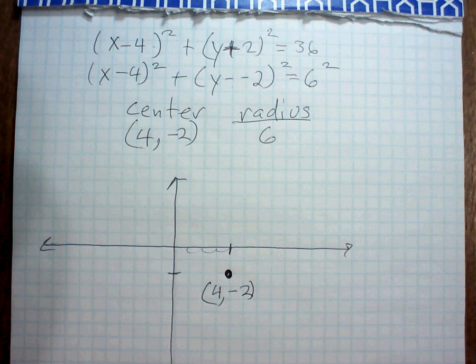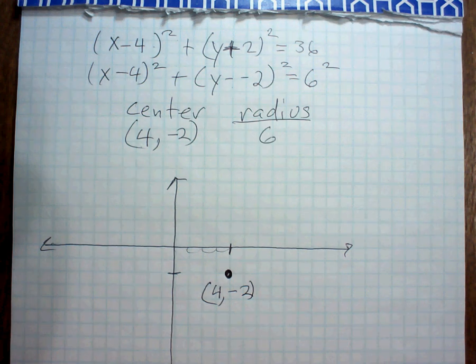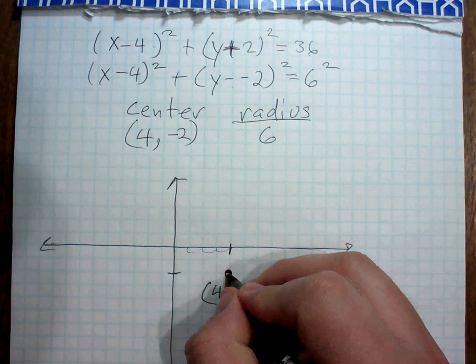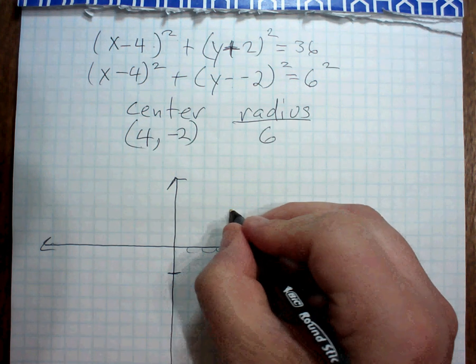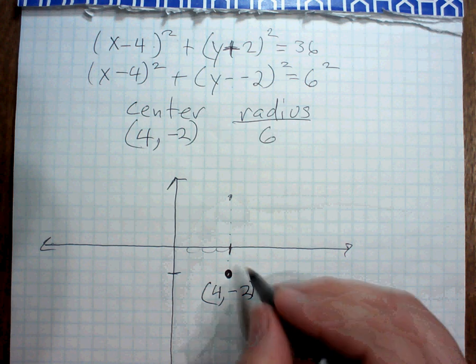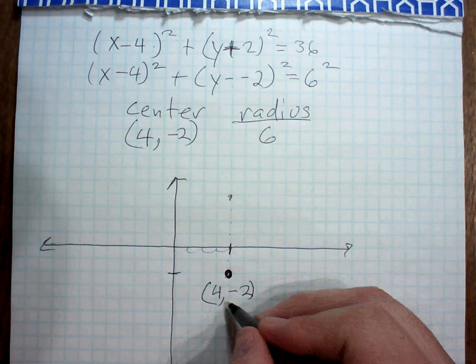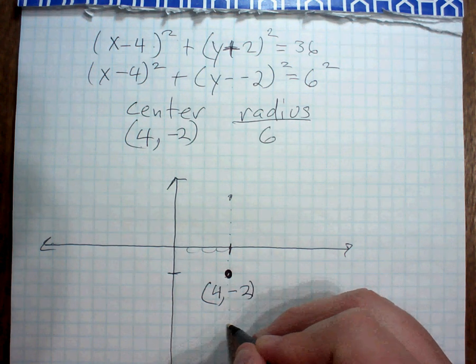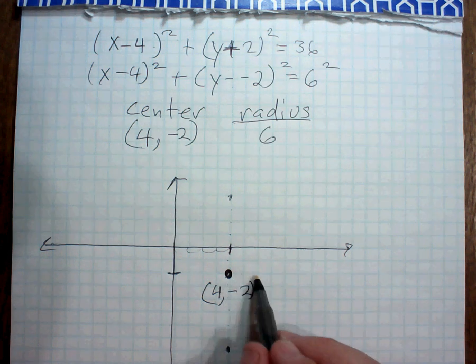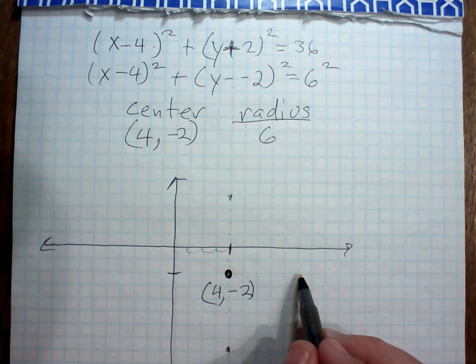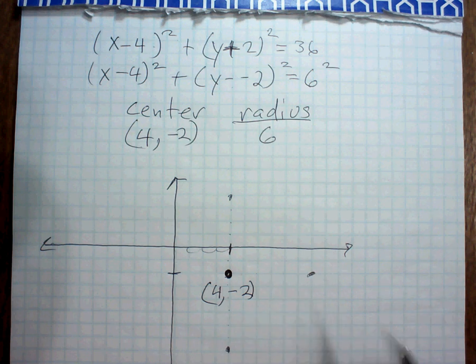Now the radius is 6, so a great way to kind of sketch this is I'm going to go from my center and I'm going to go up 1, 2, 3, 4, 5, 6, put a little dot there. From here I'm going to go down 1, 2, 3, 4, 5, 6. And what I'm doing is I'm just sketching where the circle is going to cross through.